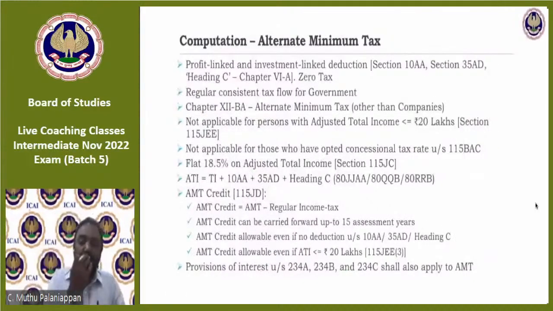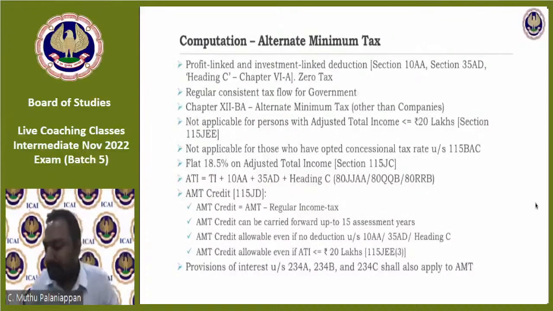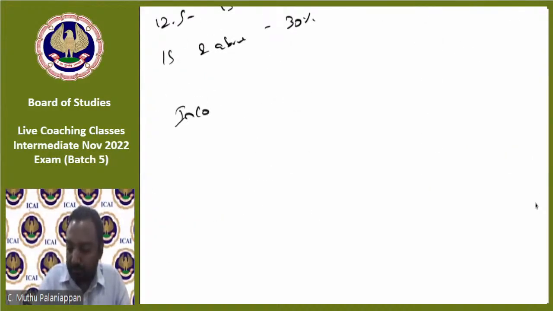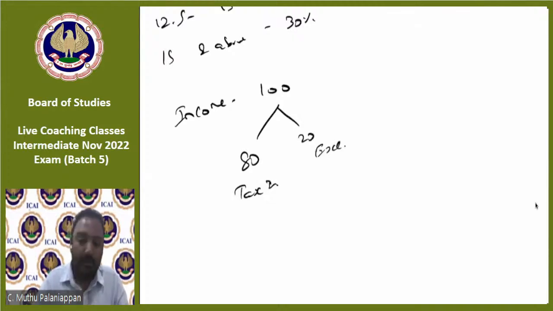Okay, the last thing that we'll try to understand is alternate minimum tax. What is alternate minimum tax? Let's say I have an income of 100. Out of this 100, 80 is taxable income, 20 is exempt income.